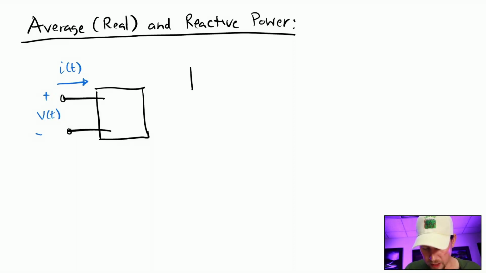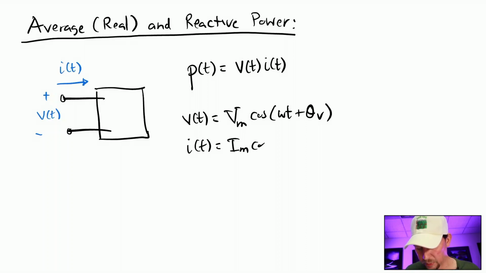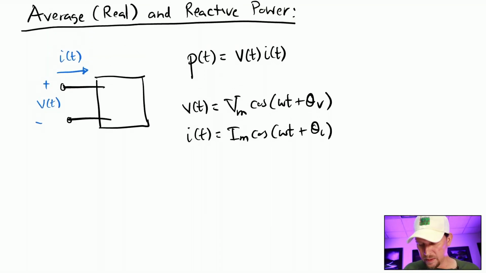Now, we did calculate the instantaneous power as the product of the voltage times the current, where the voltage was sinusoidal, of the form with an amplitude, the cosine of omega t plus its phase angle, the voltage phase angle, and the current was also sinusoidal, so it had its amplitude, had the same angular frequency and time dependence, but it had its own phase angle, theta sub I. And this equation, through a series of manipulations, could be rewritten.